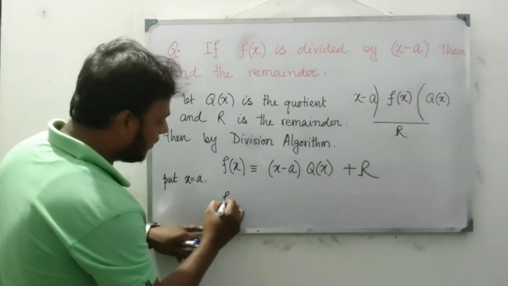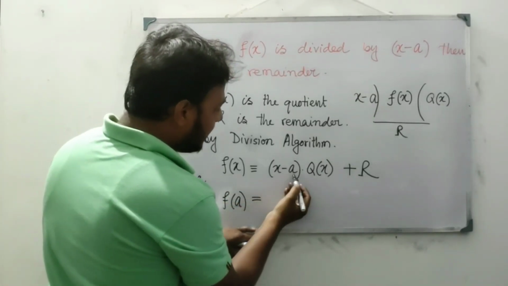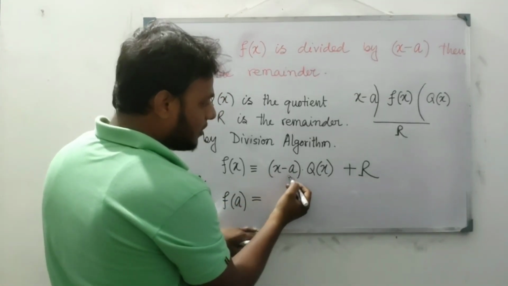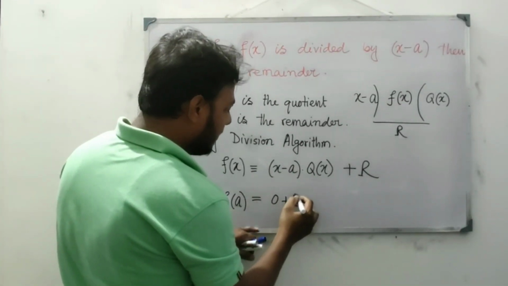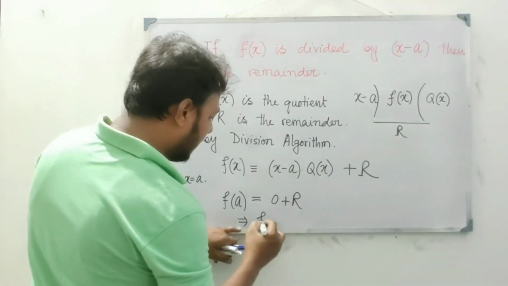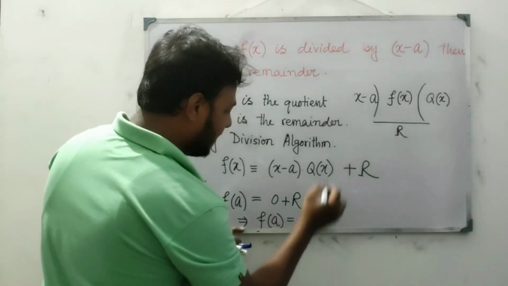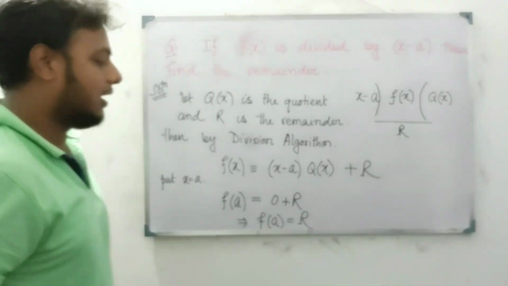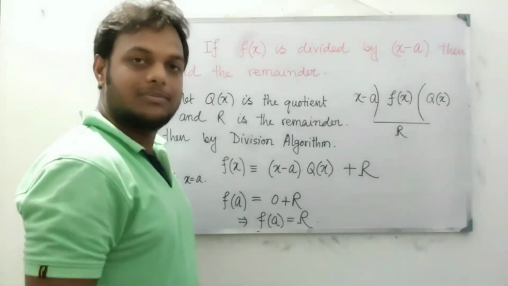So if we put x equals a, then this side will be f(a) equals, here a minus a cancels out to 0. So 0 into q(x) means 0 itself, plus r. Understood? This is nothing but f(a) equals r. See, f(a) equals r. So the remainder will be f(a).